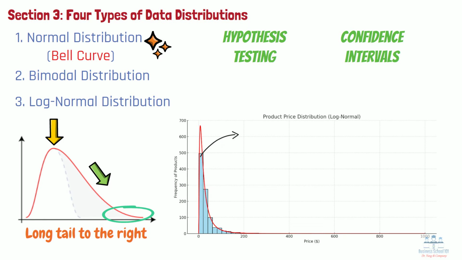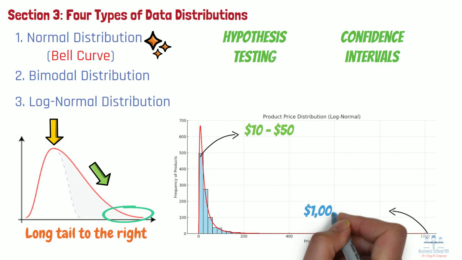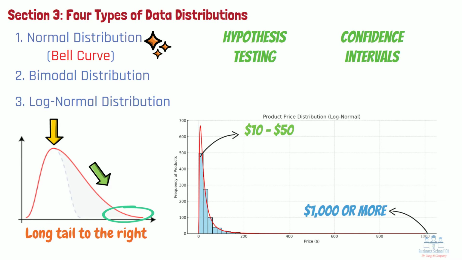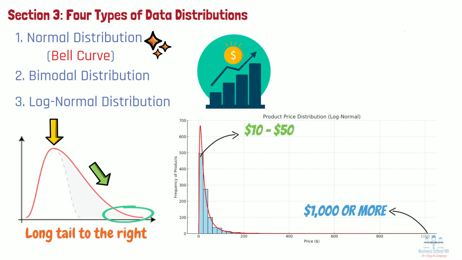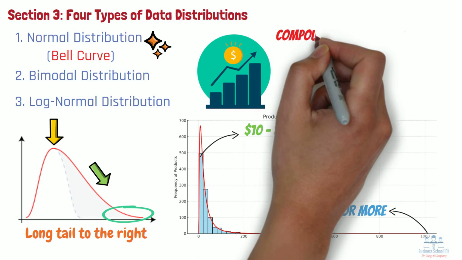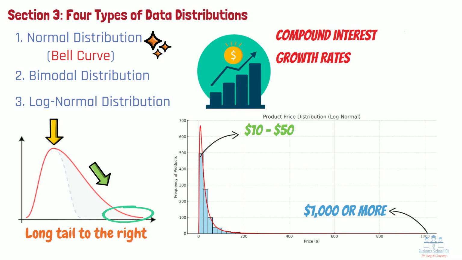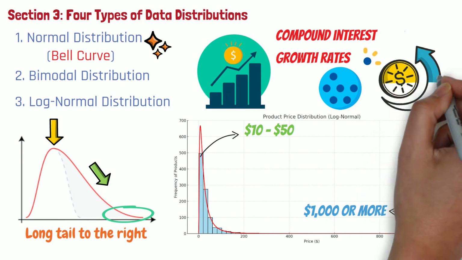Most items may be priced between $10 and $50, but luxury goods like designer handbags or high-end electronics might cost $1,000 or more. These outliers create a long right tail. Log-normal distributions often appear in business and finance, especially where multiplicative factors are at play, such as compound interest or growth rates. Recognizing this distribution helps analysts focus on managing outliers and understanding pricing strategy impacts.